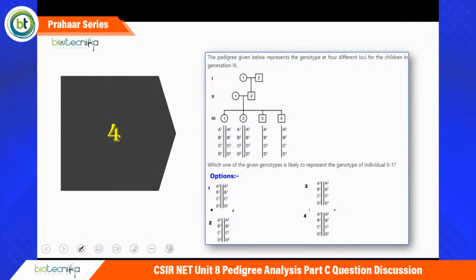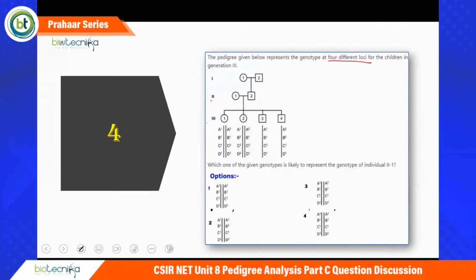The pedigree given below represents the genotype of 4 different loci for children in generation 3. Okay. So first generation, second generation, third generation. So here the genotype of the third generation with 4 different loci is given.